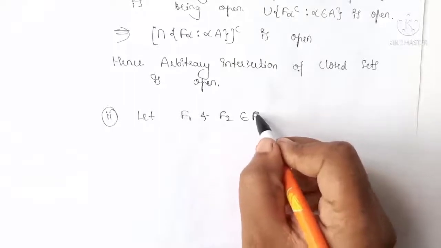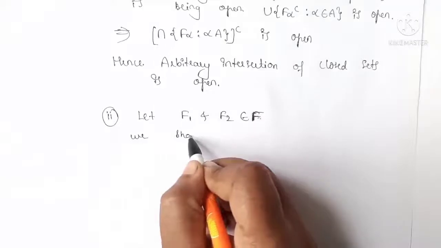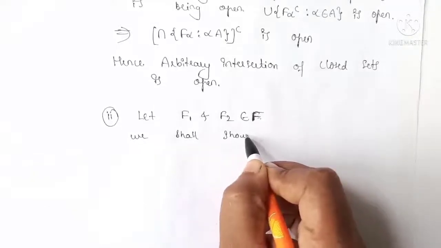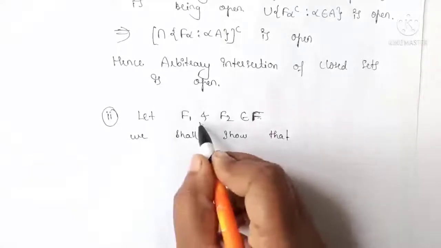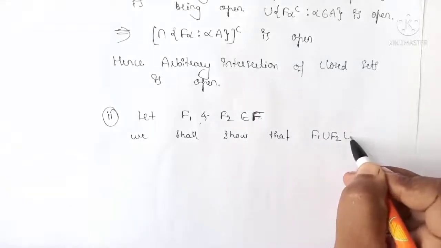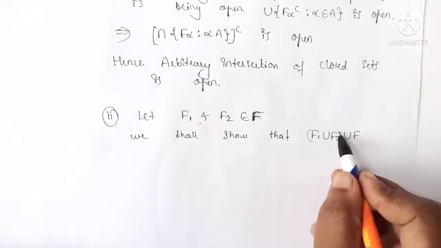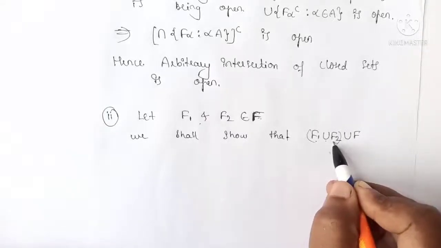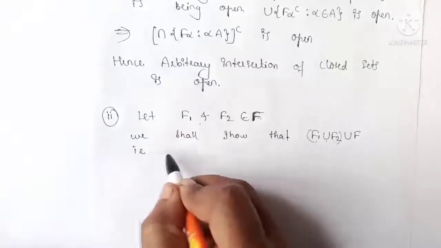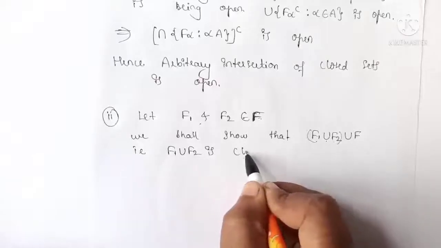We shall show that their union belongs to F. So we have to show that F1 union F2 is closed.